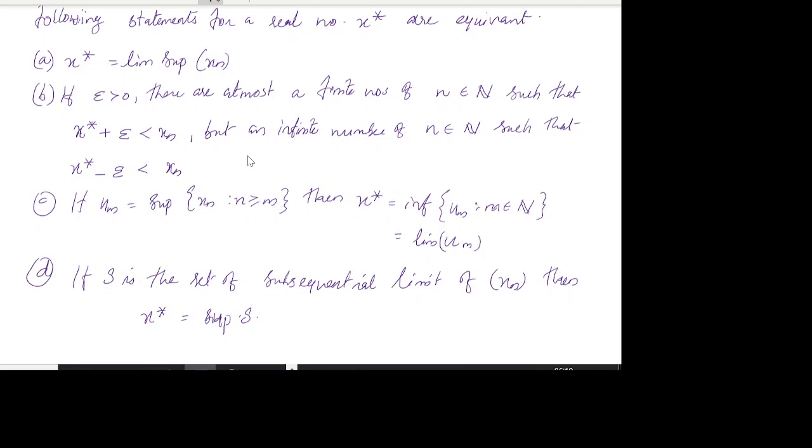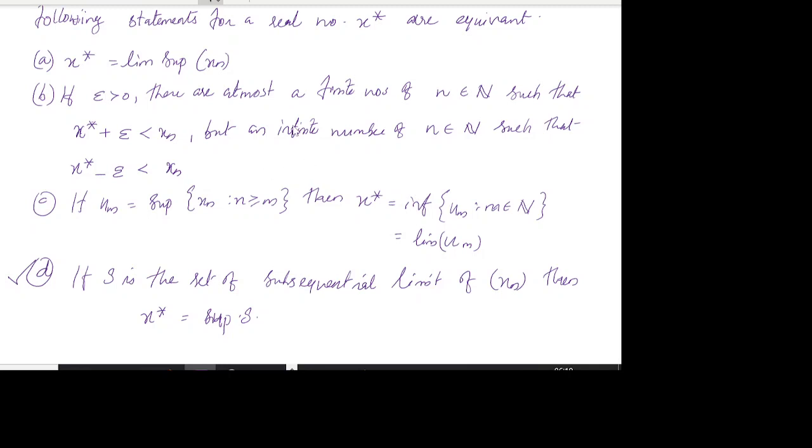In some textbook, I have seen this as the definition. So when you are considering the set of all subsequential limits, then go for the supremum of such a set, you will get the limit superior.